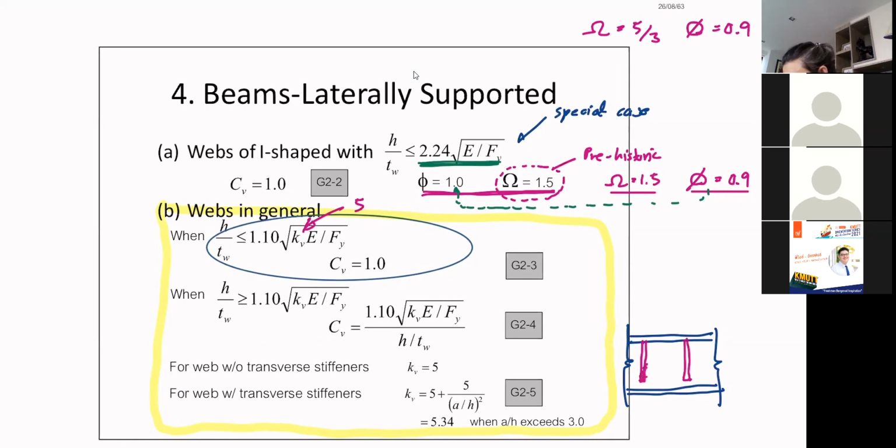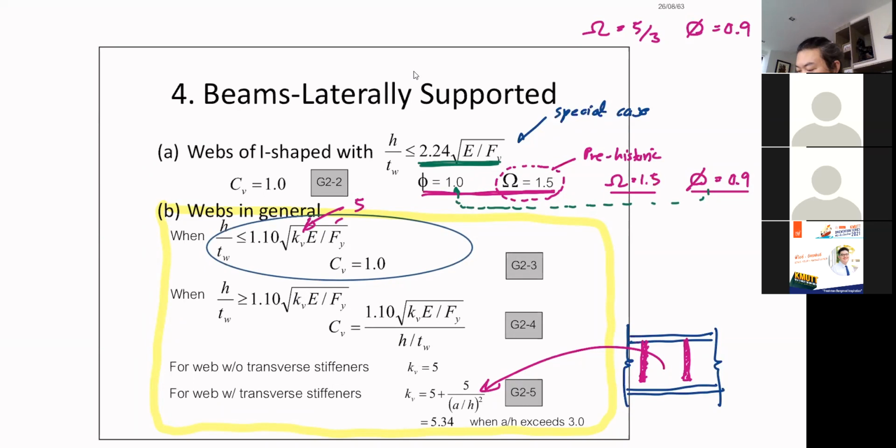When you add the stiffener like this, your Kv can be greater than 5. But for now, let's say any typical hot-rolled beam where we generally do not add stiffeners to increase the shear strength, you can say Kv is equal to 5.